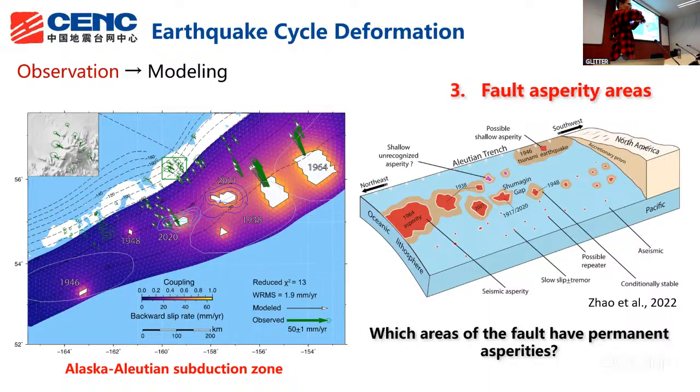If it is very smooth, it can move slowly and creep. But if it is stuck like this, it easily starts an earthquake. So we can also use the interseismic data to invert the fault asperity areas.